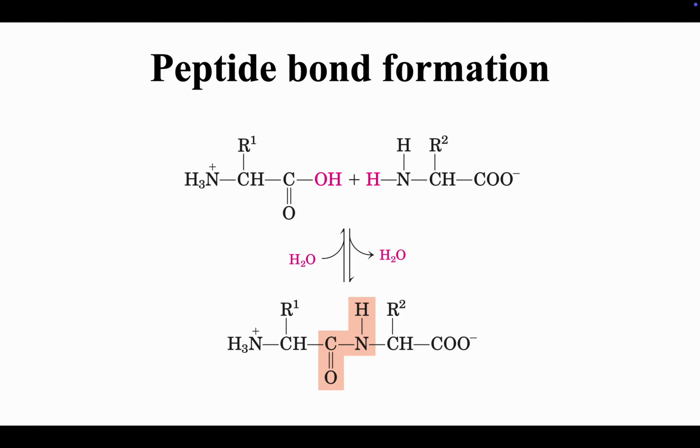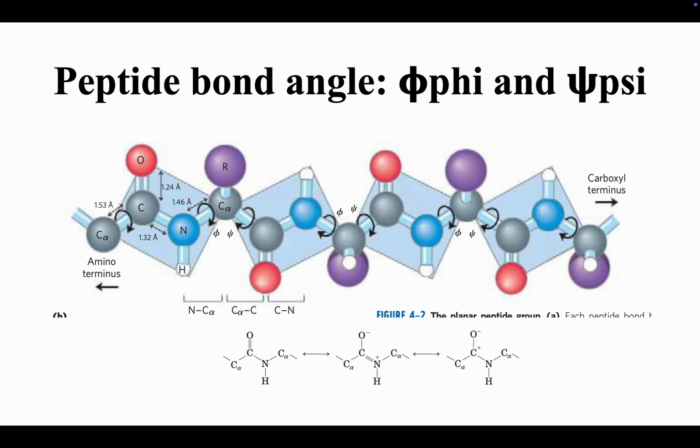These amino acids in the primary structure are joined together by peptide bonds. So this is one amino acid here, and this is the second amino acid. A peptide bond is formed, which is the CONH bond, an amide bond formed with the loss of water, and this peptide bond is the core of the primary structure of proteins.